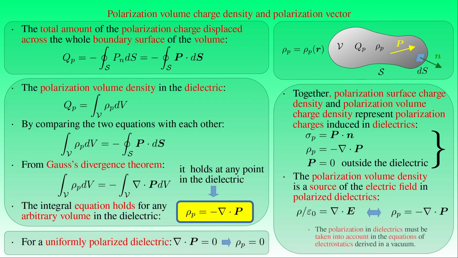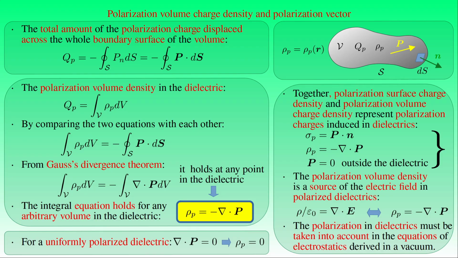It follows from these findings that the polarization in dielectrics must be taken into account in the equations of electrostatics derived from the condition where the electric charge is only present in conductors or in a vacuum. In order to describe the more general cases in electrostatics where insulating matter may be present in an electric field, we need to include the description of polarization in the fundamental equation of electrostatics.